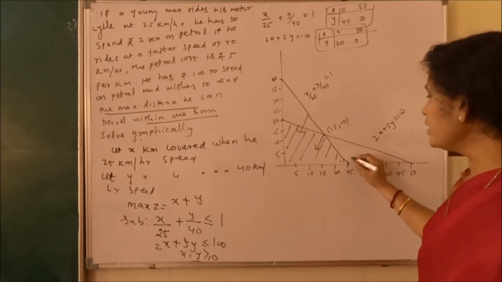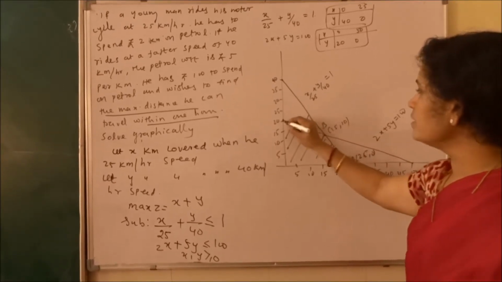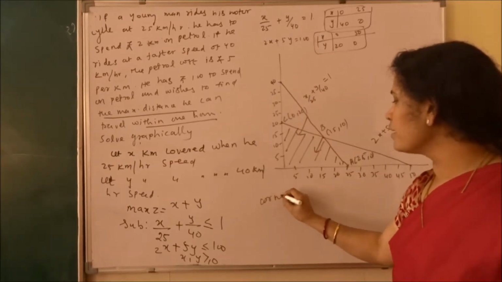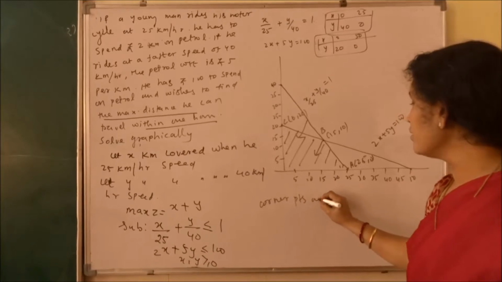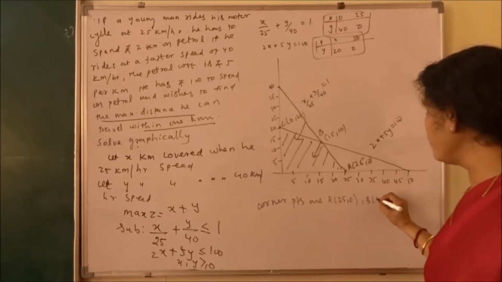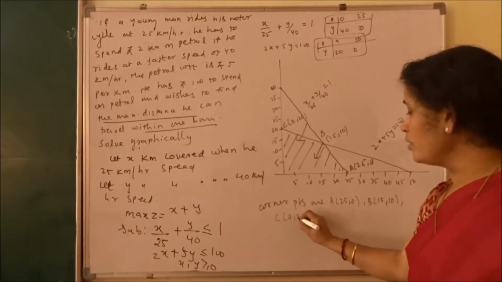Now the corner points are A point 25, 0 and B point here and C point is 0, 20. So the corner points are A is 25, 0 and B is 15, 10 and C is 0, 20.